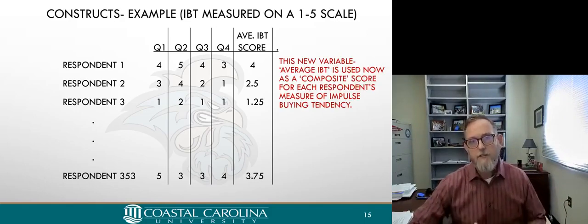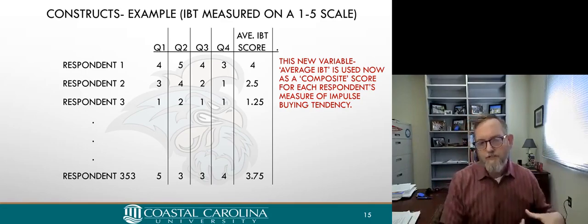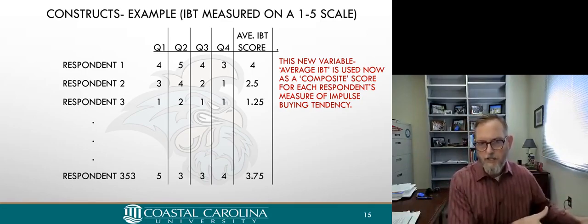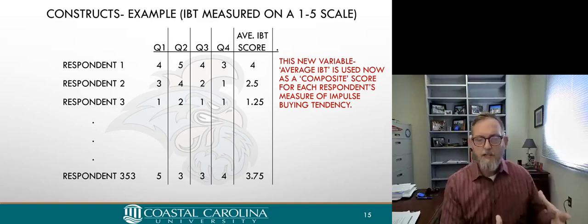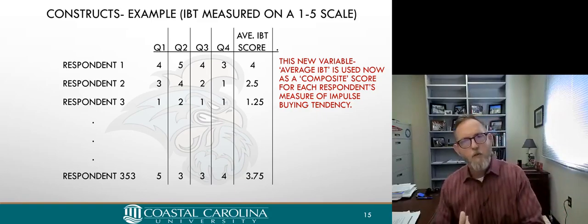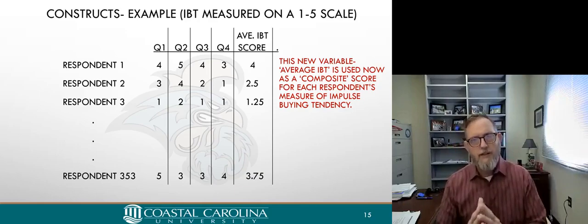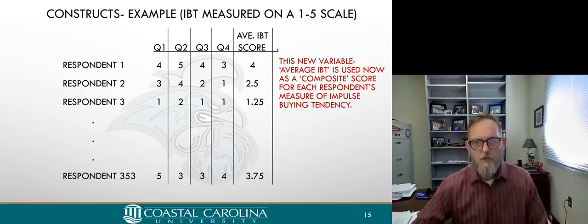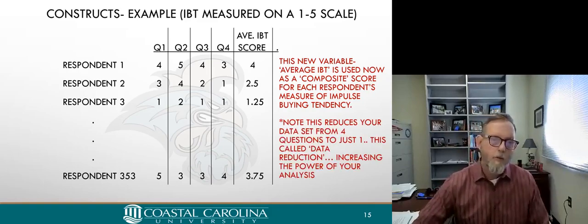But here's the point: when we develop these scales, we know that collectively the 4 items reflect the construct. So assuming they do, we take an average of them to create one single score, called a composite score.